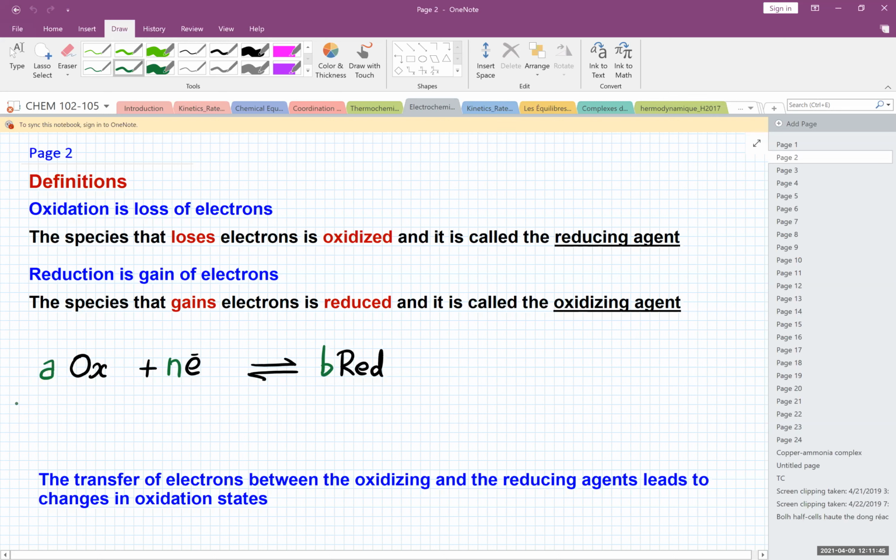Anytime anything is accepting electrons, it is being reduced. Anything that is losing electrons is being oxidized. Of course, gaining or losing electrons will change the oxidation state. So yes, there's no question about that. We'll be making ions. Agree? Yep.